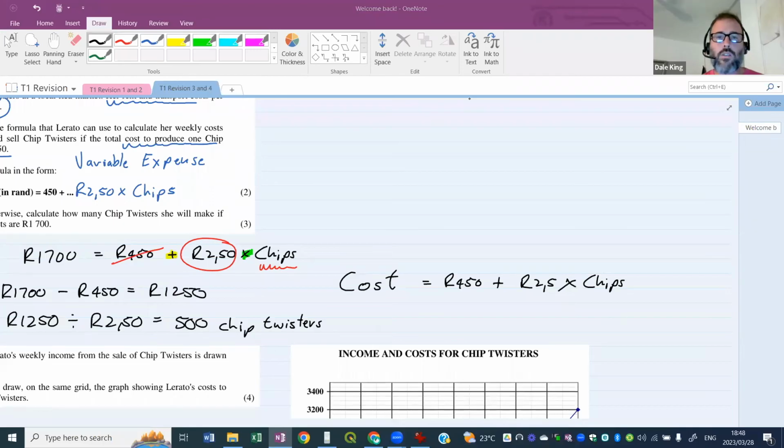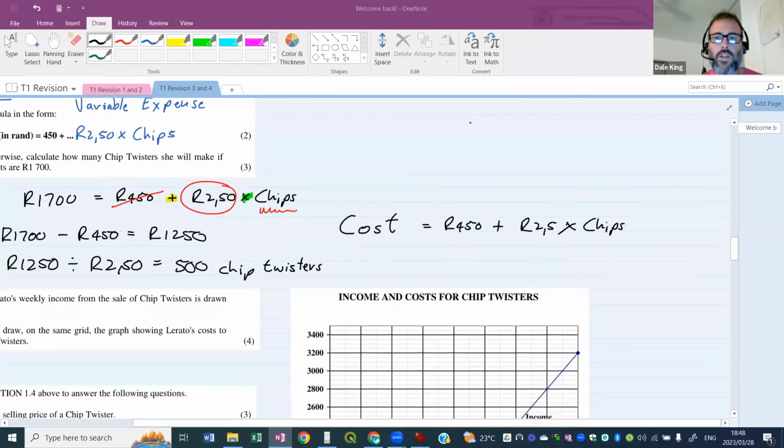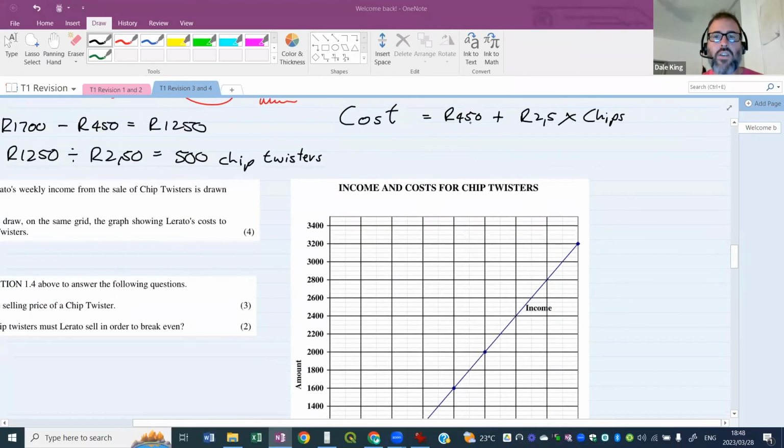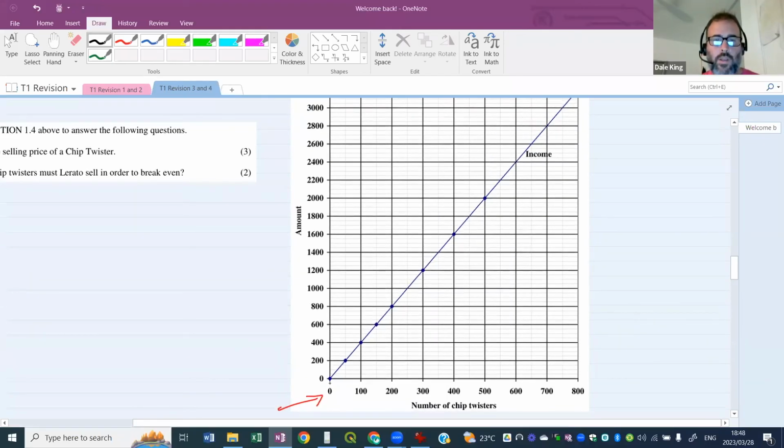Sabulu, you're very close. So the 2.50 we'll have to multiply by number of chips. But if she sells no chips, you're going to say 250 times 0. All right. So if we look at the graph down here and we want to look at 0 chips, there you go, Lesedi. Down here at the bottom, 0 chips.